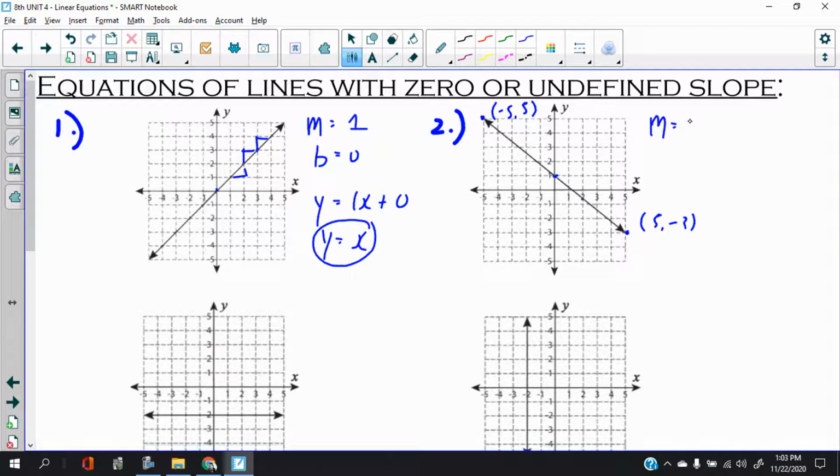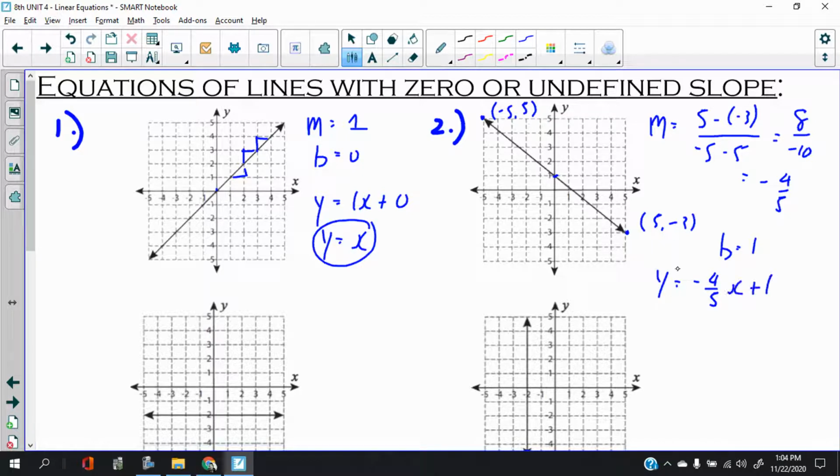I'm going to do 5 minus negative 3, and then negative 5 minus 5. So that's 8 over negative 10, or negative 4 fifths. Where's the y-intercept? That is at 1. So y equals negative 4 fifths x plus 1. There you go. Now it gets interesting.